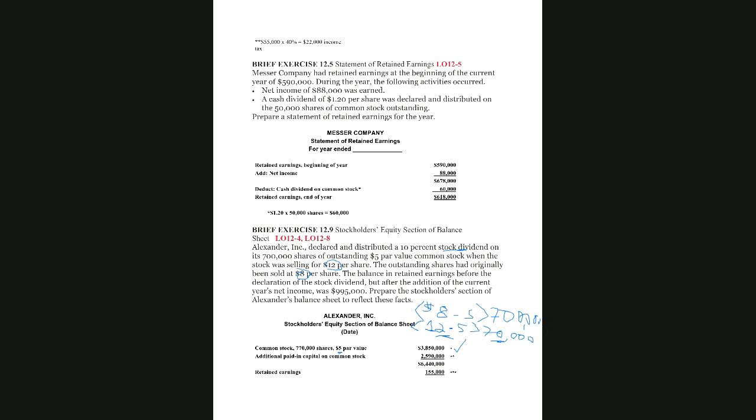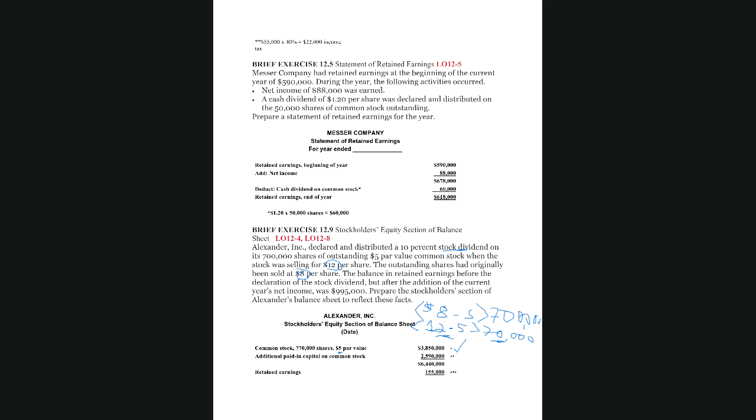All right. So Joshua. So the capitalized formula is the original price per share times the amount of shares outstanding at that time. So at the time the shares were originally sold, this corporation sold 700,000 shares of common stock. Now, remember when they had the stock dividend of 10%, they basically issued an additional 70,000 shares.